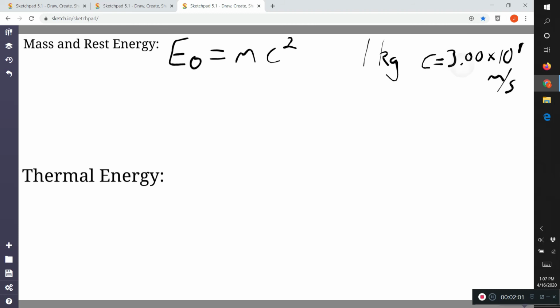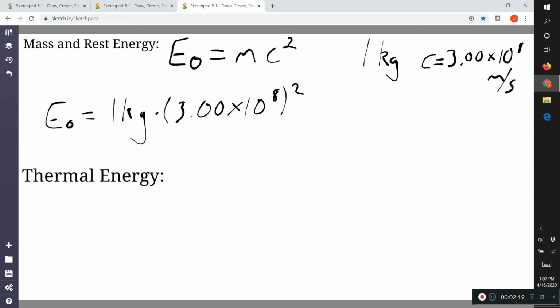So we have this situation where the rest energy of just 1 kilogram, remember that's about 2.2 pounds, is 3.00 times 10 to the 8th, and then we have to square that. That's going to come out to be 9.00 times 10 to the 16th joules. So that's a massive amount of energy.